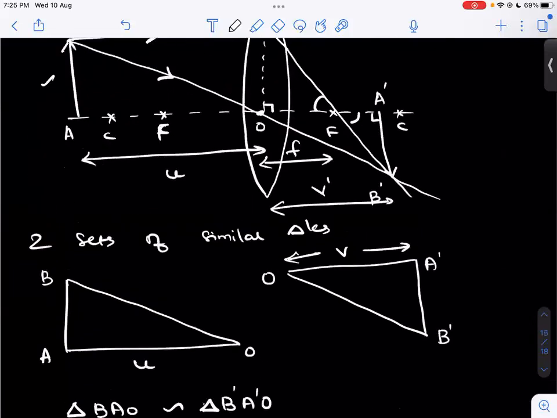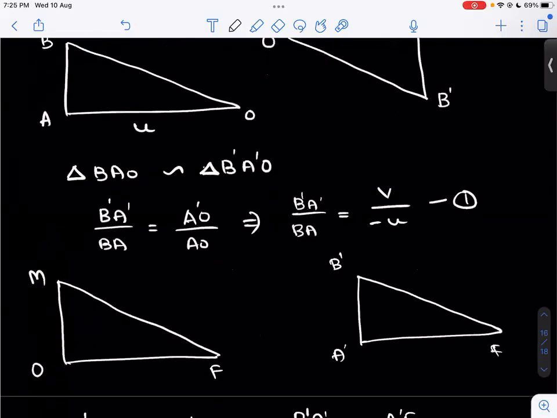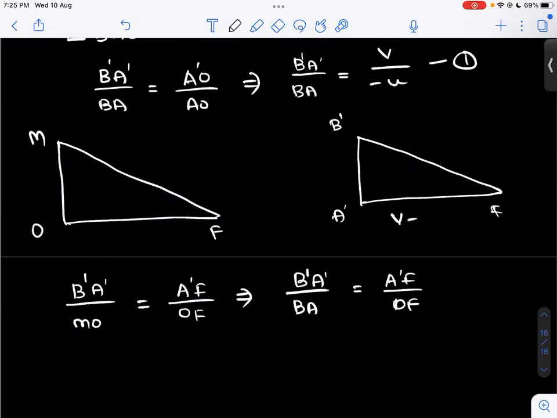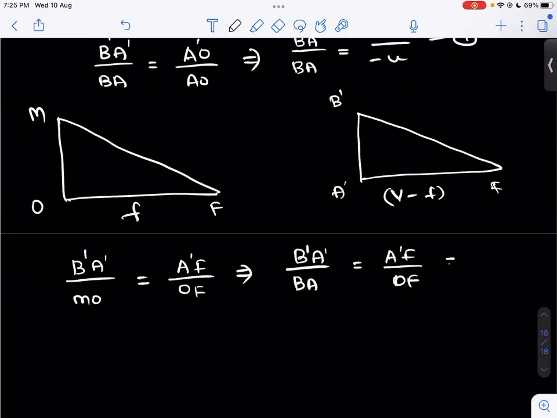So what is A dash F? If you observe, A dash F is v minus f, and OF is small f. So B dash A dash divided by BA is equal to v minus f divided by f.